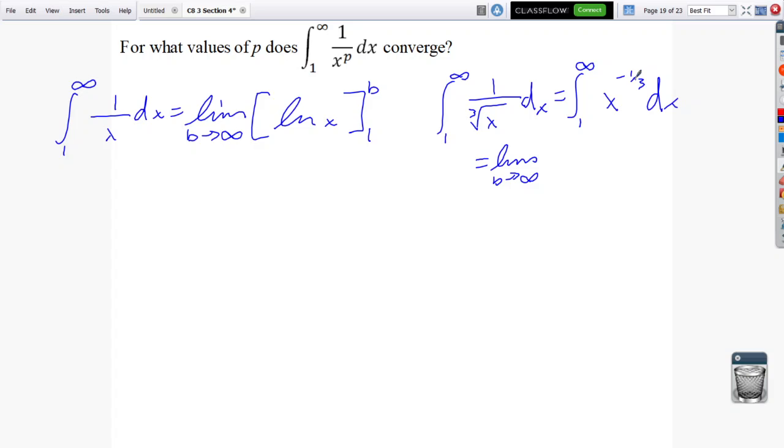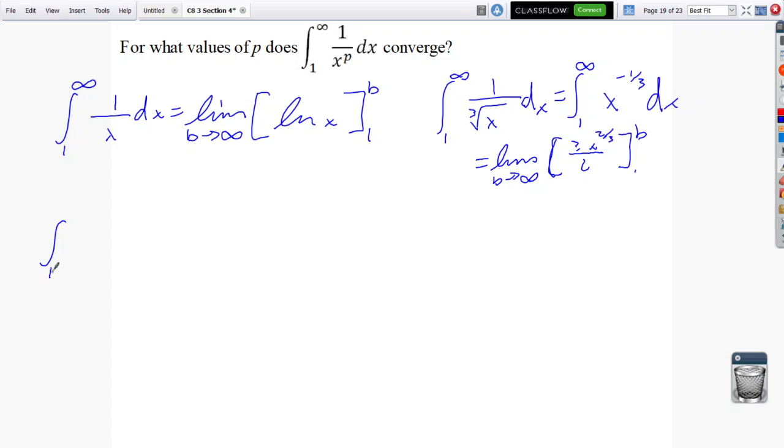When I add 1 to my negative 1/3, it becomes a positive exponent, which is going to bump that x up to the numerator. So this is really going to become 3 halves x to the positive 2/3, going from 1 to b. And when I plug in my b, I'm going to have infinity to the 2/3 power, which is still going to be infinity.